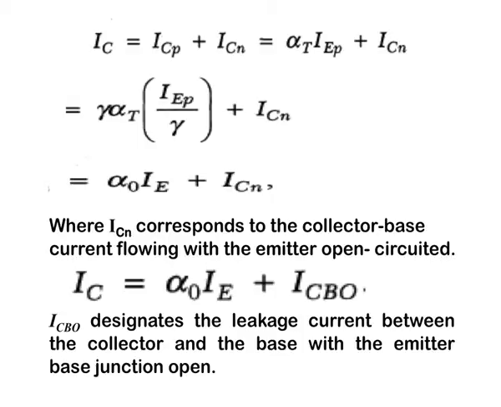This is the collector current due to electrons, and this is a very small current. So, to calculate this we can open our input. So, when we open our input circuit, IE is equal to 0. So, now IC is the leakage current between collector and base when emitter is open. So, we can write this equation IC equal to alpha 0 IE plus ICBO.